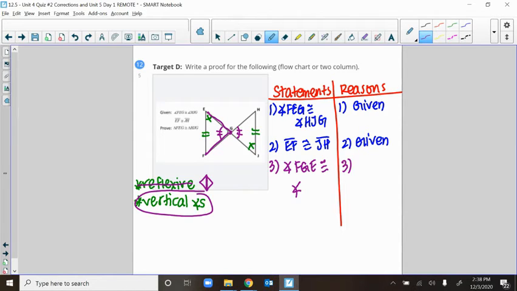I started with F, then G, and then E: first letter, third letter, second letter. So in this last one, I go first letter, which is H, third letter, G, and then second letter, which is J. So these are the angles. And you'll say if two angles are vertical, then they are congruent.